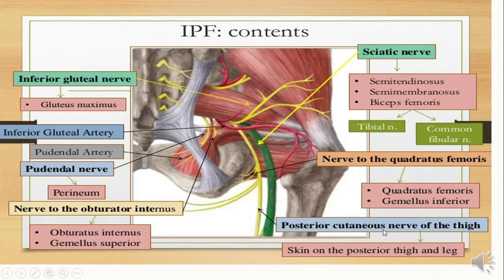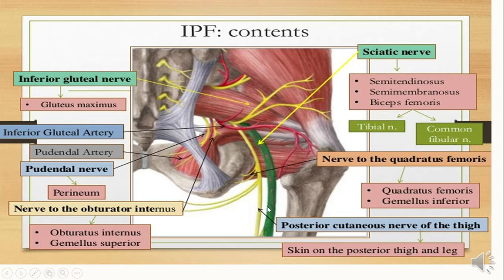After giving the cutaneous branches to the gluteal region, it enters the thigh. And we see the nerve to quadratus femoris, which supplies quadratus femoris and the inferior gemellus lying close to it. The sciatic nerve is the lateral-most structure passing through this region. The sciatic nerve does not supply any structure in the gluteal region.